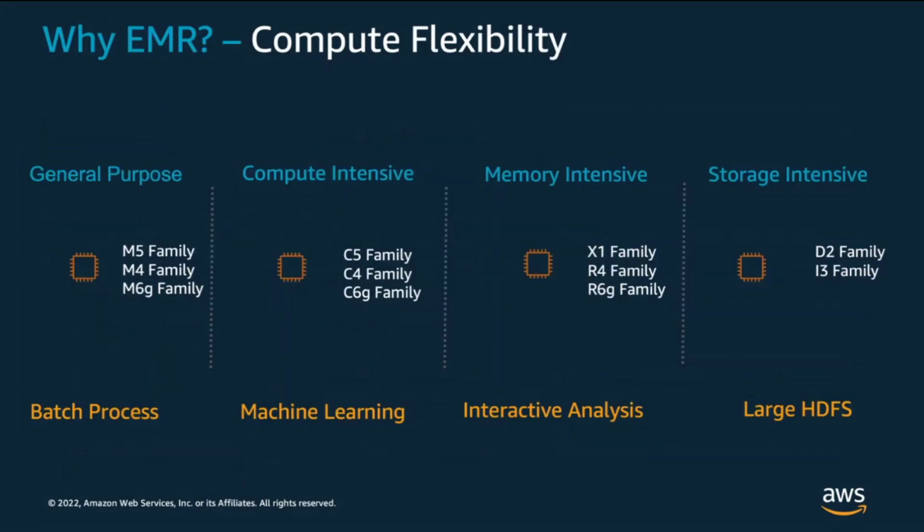Now, in the journey of EMR, why is it important, and what is the compute flexibility? Since we're talking about flexing your EMR cluster, we have multiple options of instance groups. If you have batch processes or simple workloads, general purpose, you can go with the M family.